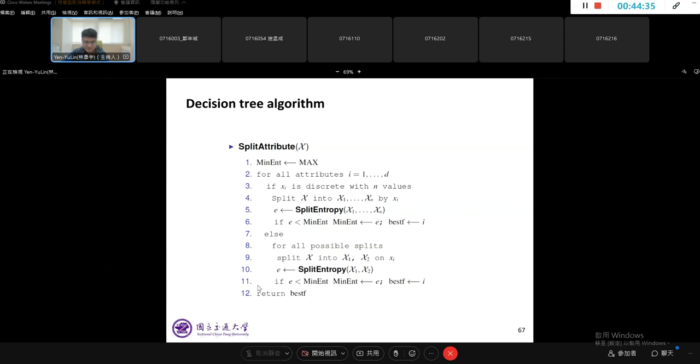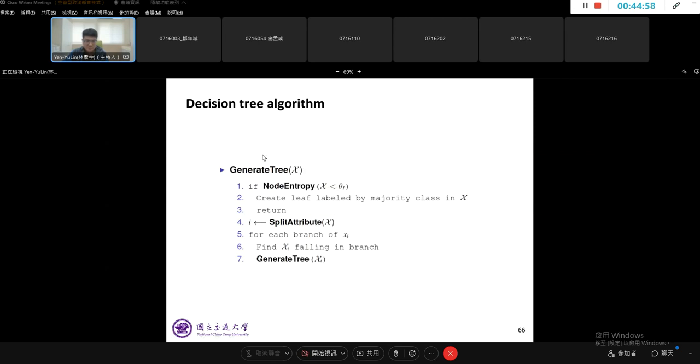Similarly, we use line 11 to maintain the best split currently. So after running the for loop here, we can determine the best attribute with the highest information gain. So with split attribute and the generate tree function, we can use them to construct a decision tree recursively.